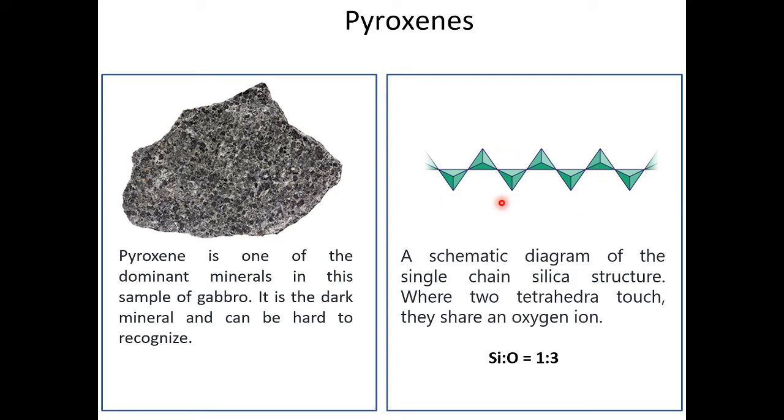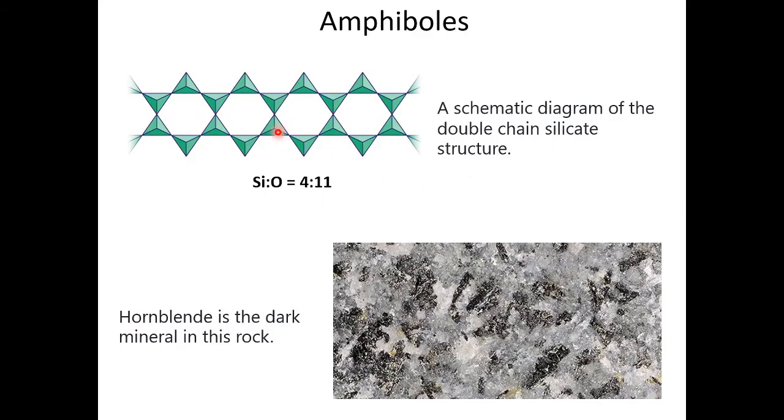So there will be a weak plane, where there can be cleavage planes, right? Same in the case of amphiboles. Within the double chain, the bond is strong, but between the two double chains, the bond would not be that strong. So there will be weak cleavage planes.